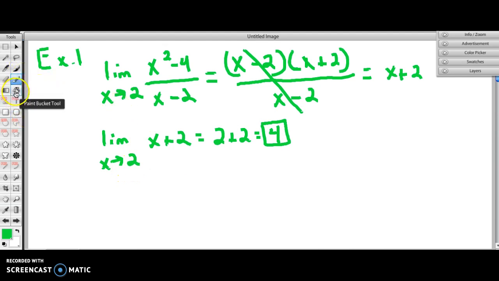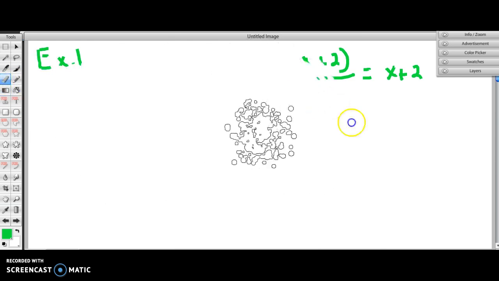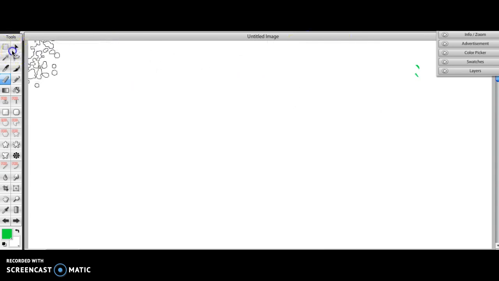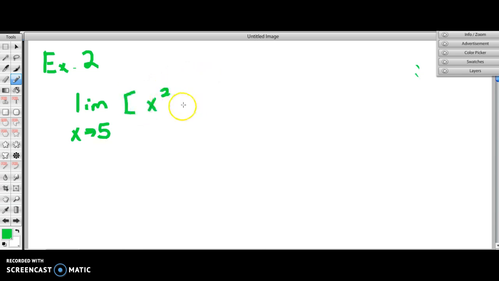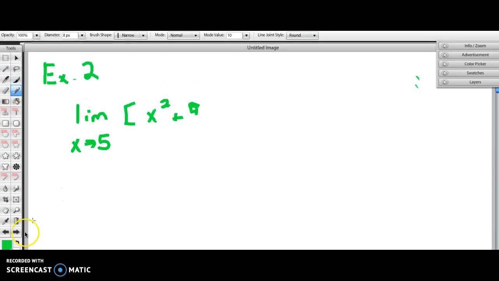Let's do another example. Let's say I have the limit as x approaches 5 of x squared plus 2x minus 4.